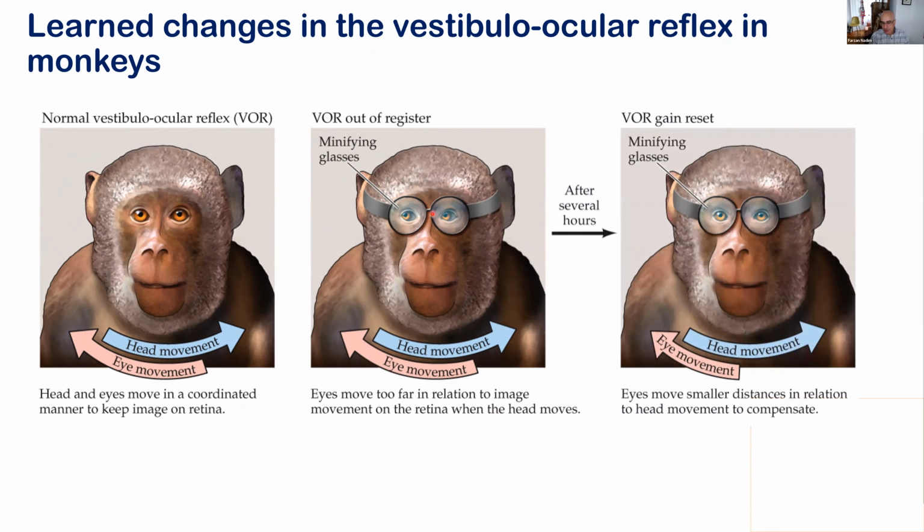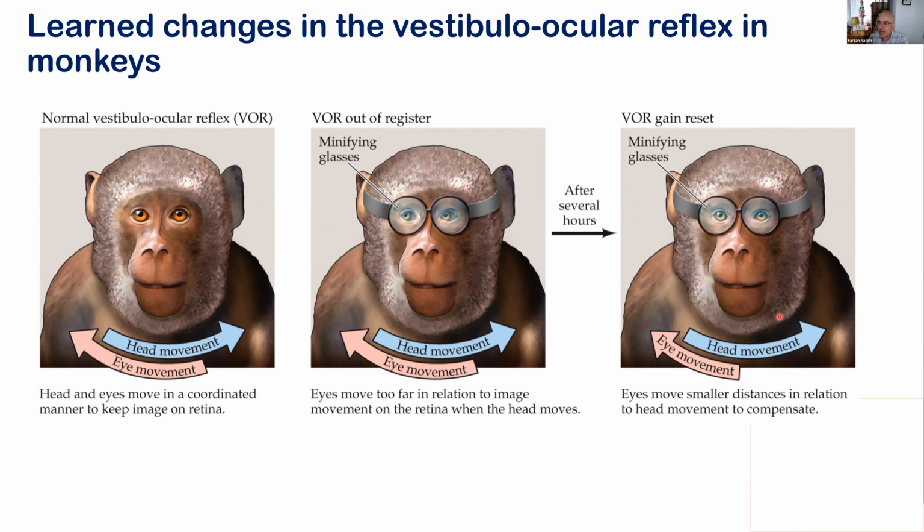After several hours of the animal having these glasses on, the animal learns to compensate for the glasses. And then as the head moves, the eyes remain fixed despite the fact that the vision is not matched with the normal vision that the animal got. So it only takes several hours for the animal to match that.